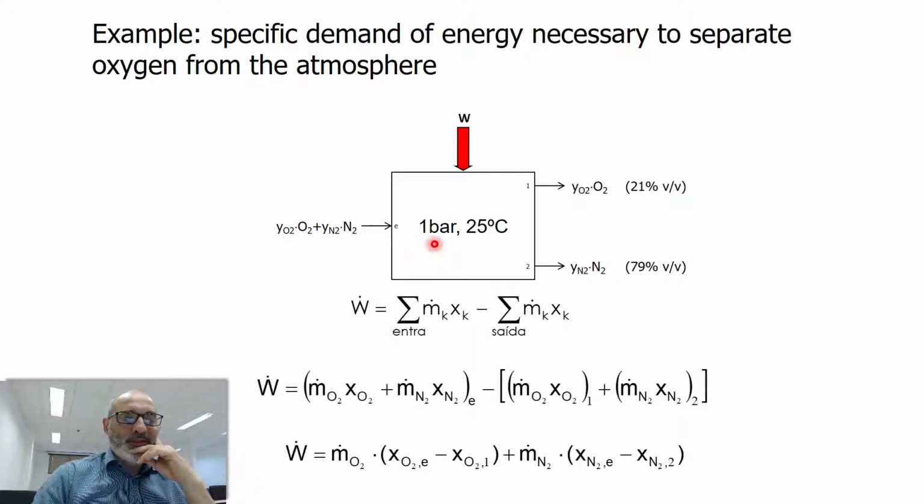So, our process is happening at atmospheric pressure, 1 bar, 25 degrees, and it is a mixture of oxygen and nitrogen, okay? Well, we know that in Earth's atmosphere we have 21% oxygen and 79% nitrogen, roughly speaking, okay? Just to have some numbers to play with, okay?